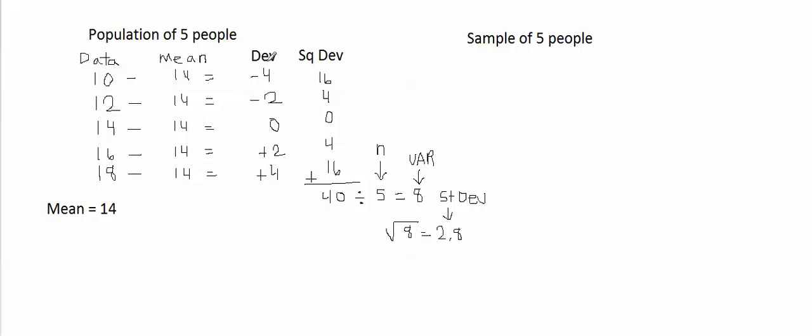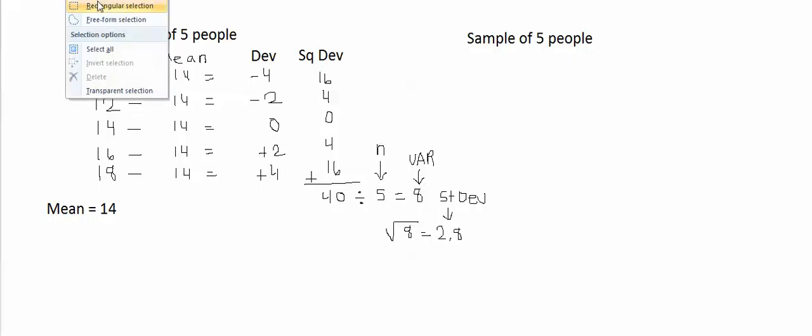I multiplied each deviation by itself. Then I added the squared deviations to get a total of 40. Then I divided that total by the number of squared deviations, which is 5. There's 5 of them, and I got the variance of 8. Then the square root of the variance became my standard deviation. That's how you do it when you have data from an entire population.